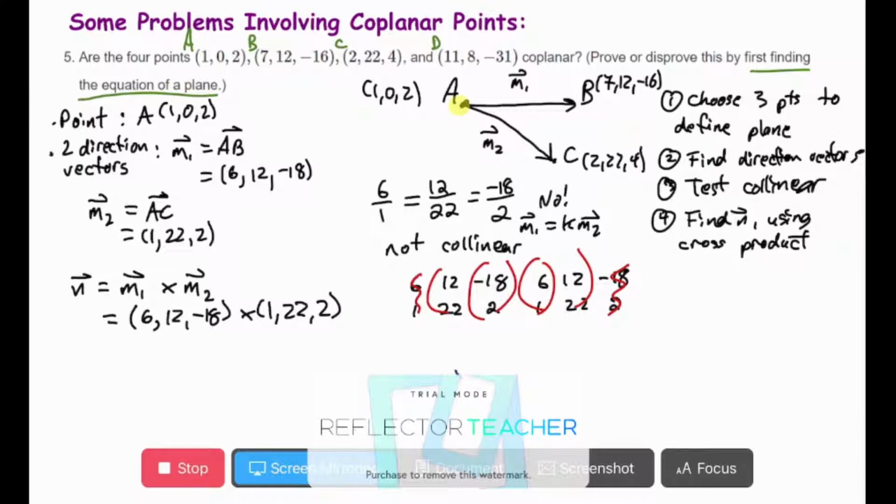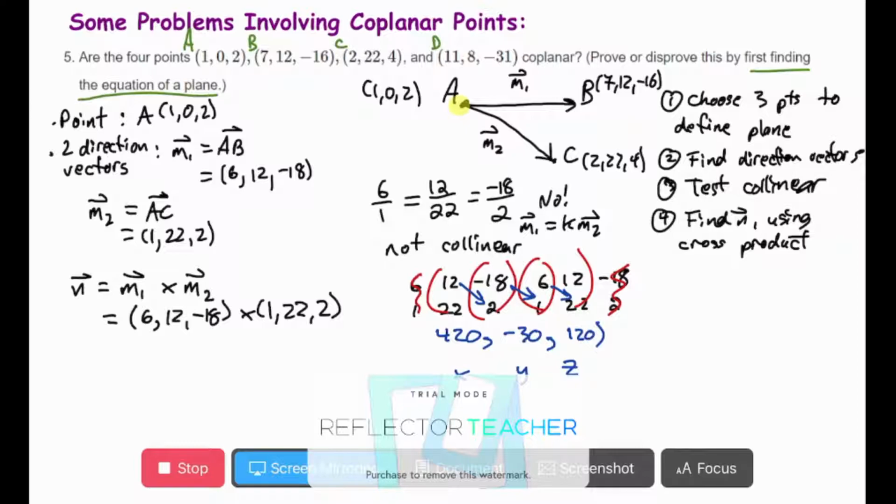So we're going to find our x, y, and z components. I'm going to need my calculator for this one. That's going to equal 420, comma, negative 18 minus 2 times 6 is 12, so negative 30, and 6 times 22 minus 12 is 120.